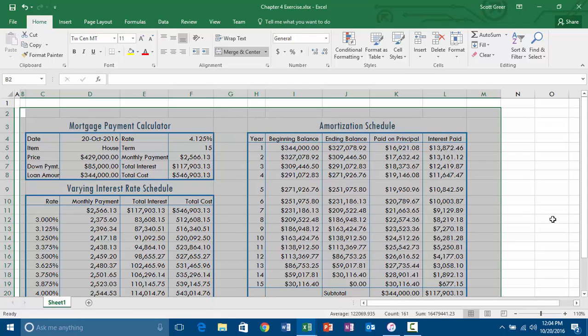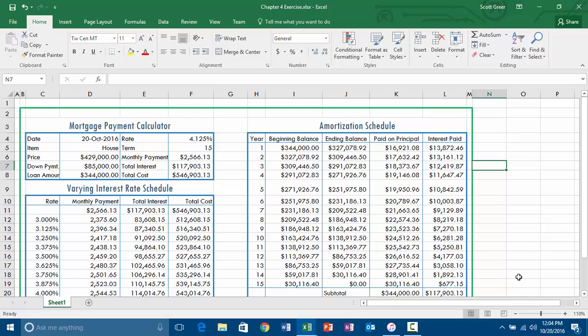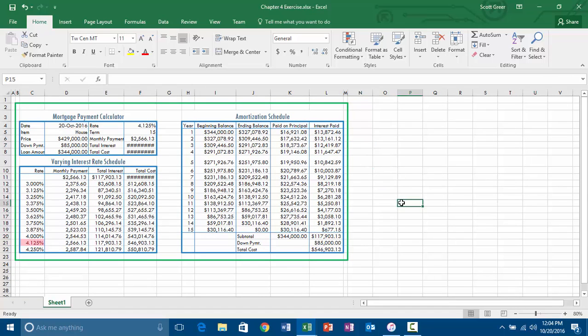And then when I click OK, I need to make M 0.92 so it looks right here. And now if you see this when I zoom out, I've got a whole little box around. This looks prettier.